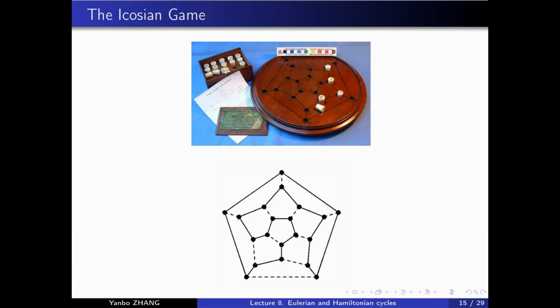For instance, one player puts 5 vertices here: 1, 2, 3, 4, 5. It's a path of length 4. Then the other player tries to extend it to a Hamilton cycle.